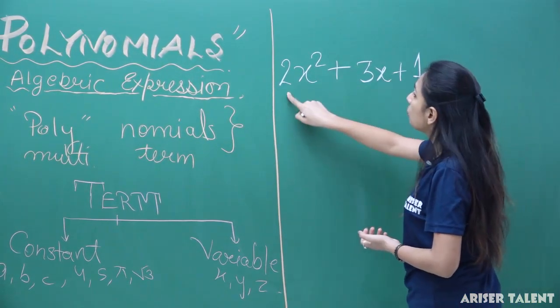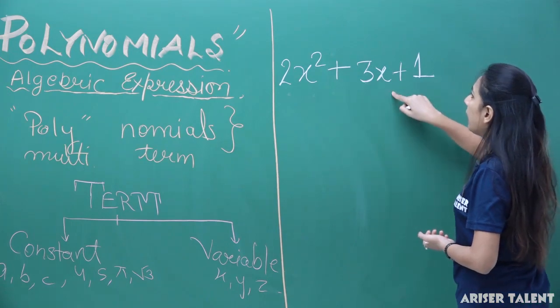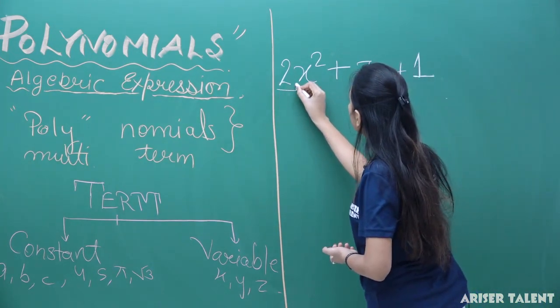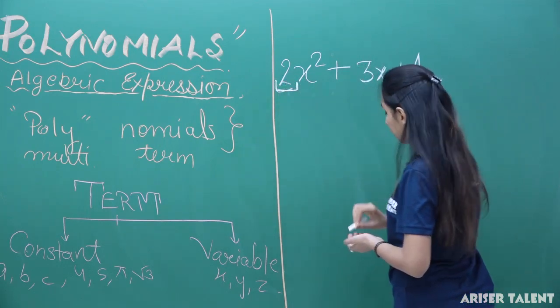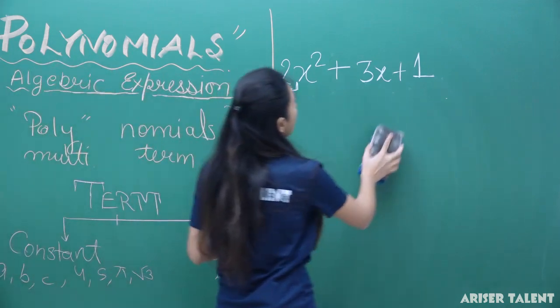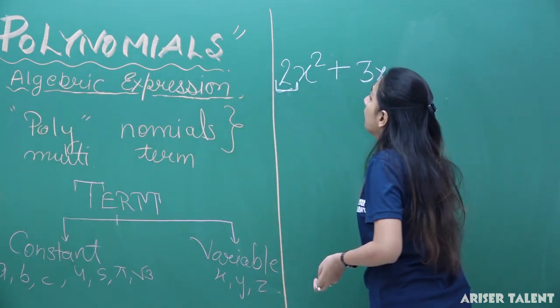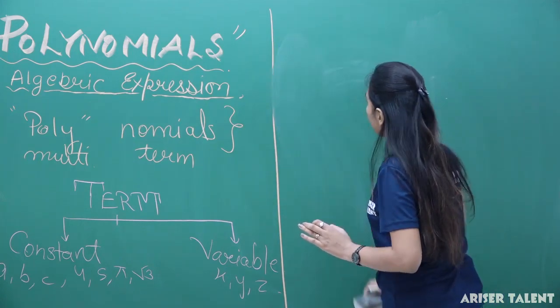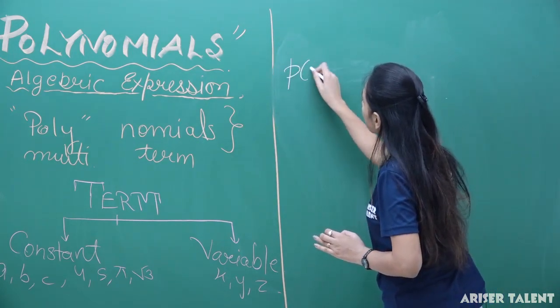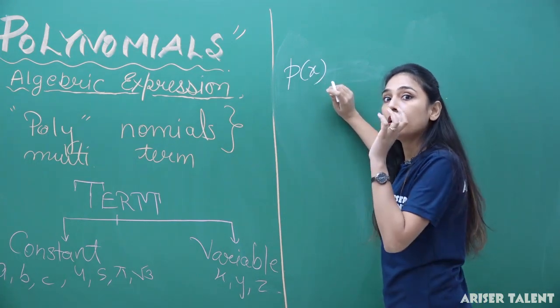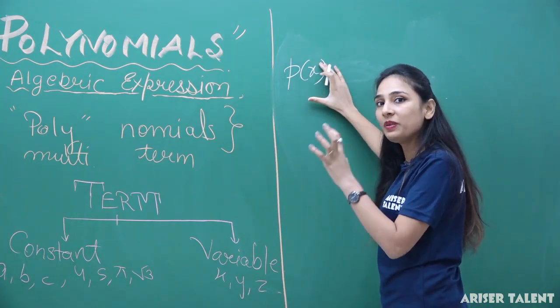A quite simple example is 2x square plus 3x plus 1. Let's not write the 1 here. How will I rewrite it? Again I am telling you the same, p of x. Just learn how you will be writing it.